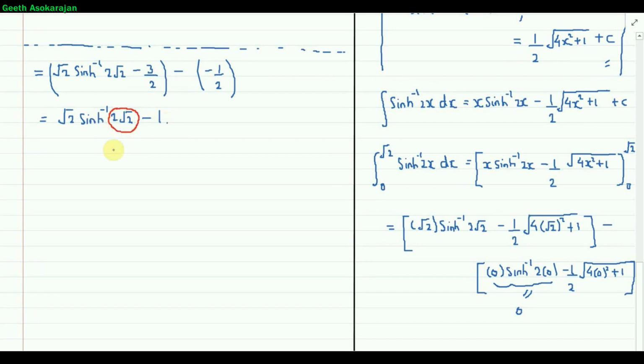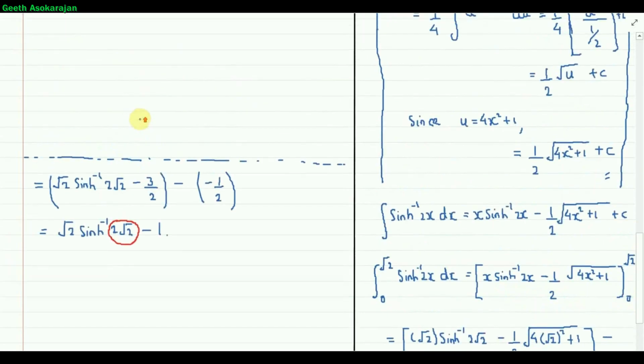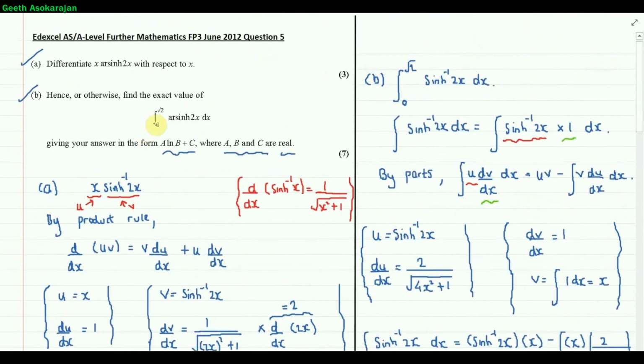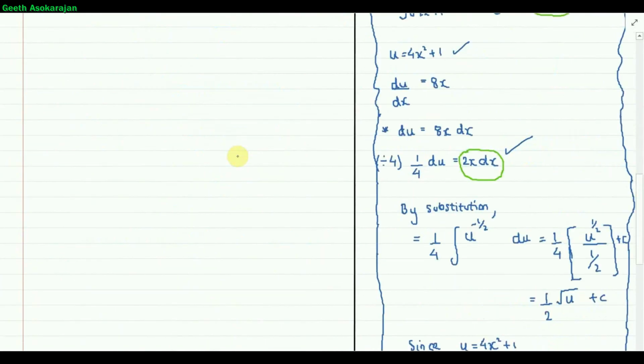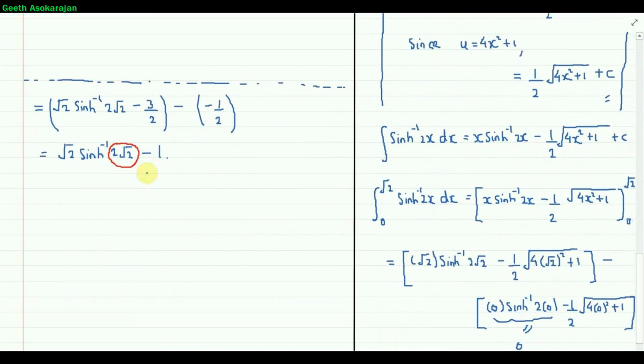And we're far from finished because we need to write our answer in the form of, going back to the question, a ln b plus c, where a, b and c are real. So let me show you how that is going to be done. Now to do that, if I take my red pen, we need to use the definition of the inverse hyperbolic sine x.